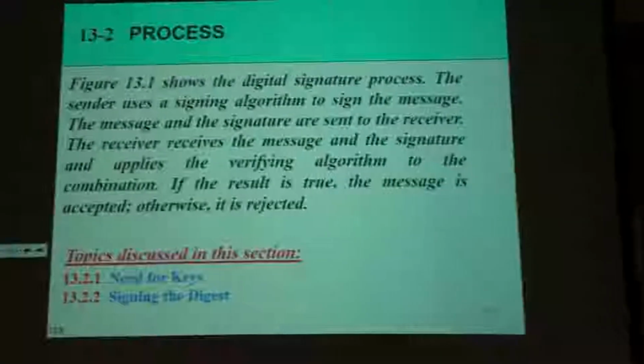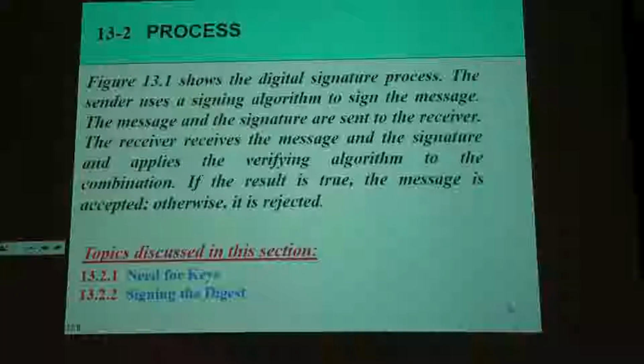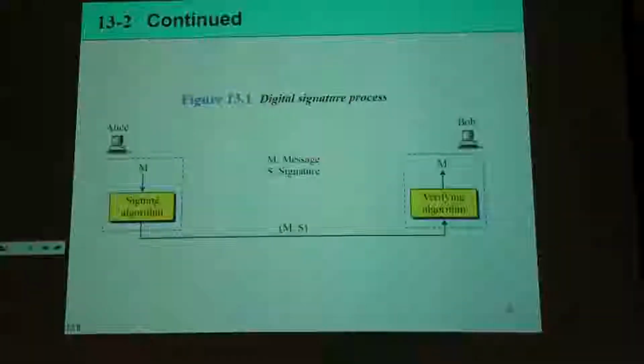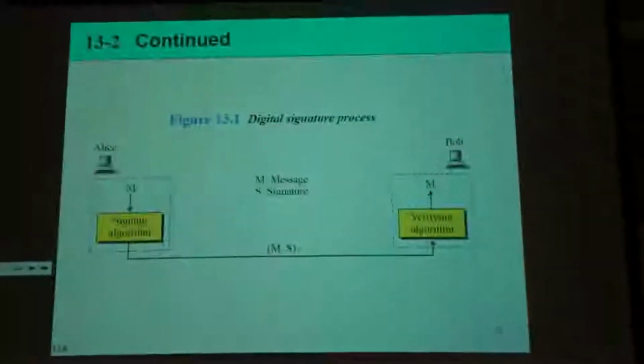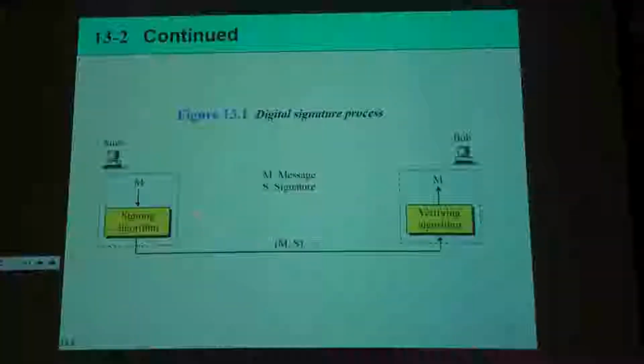All right. How do we process a digital signature? Usually you have a message that you need to sign digitally, so you pass it to a signing algorithm, and then you send two parts: the message itself with the signature. The message could be encrypted or not encrypted, it doesn't matter.